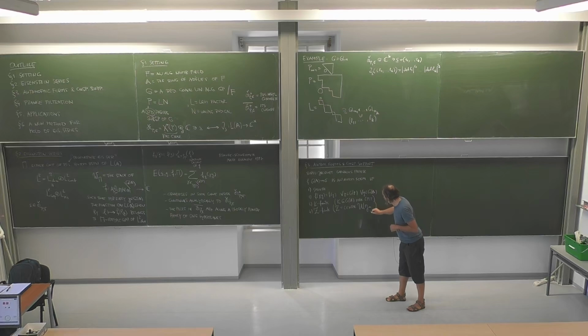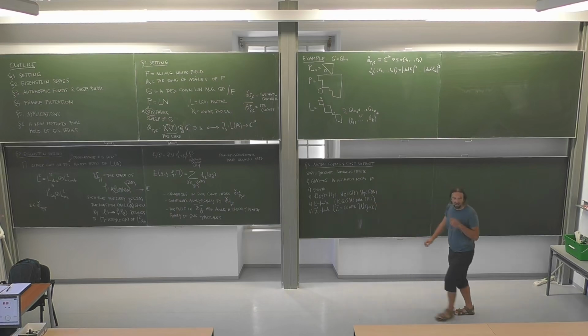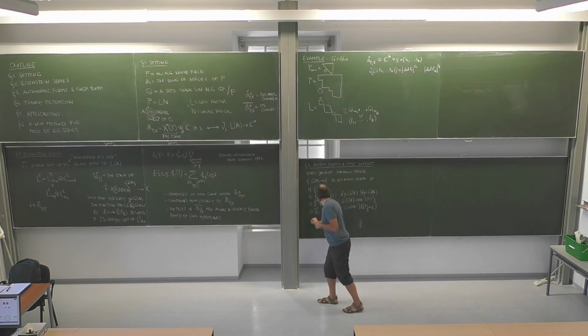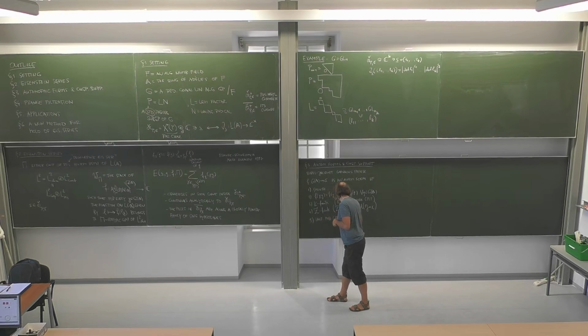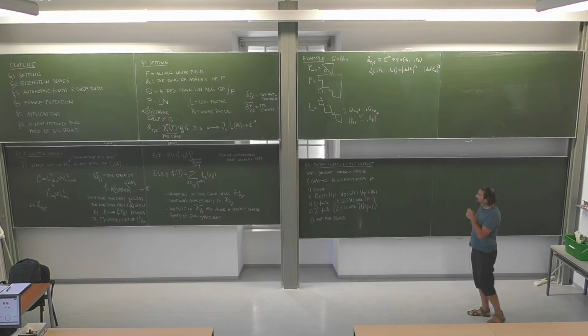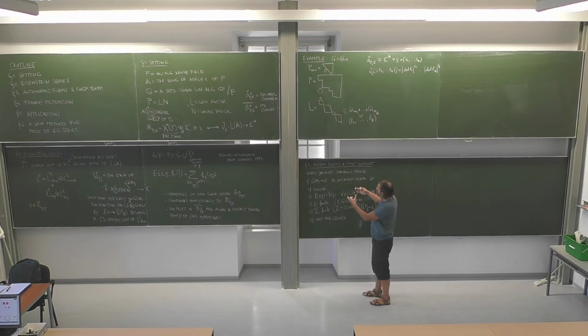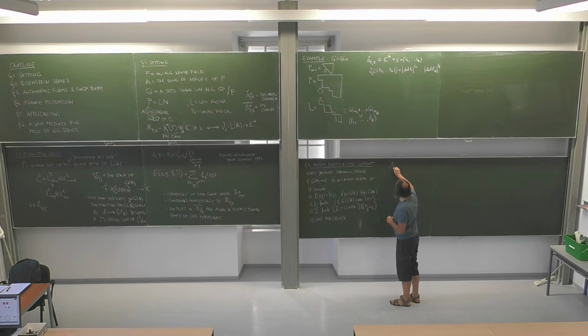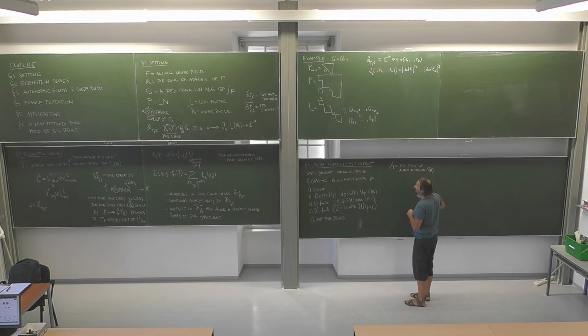And a certain growth condition called uniform moderate growth. Okay. So this is our definition of automorphic form, and we denote by A the space of all automorphic forms on G of A.